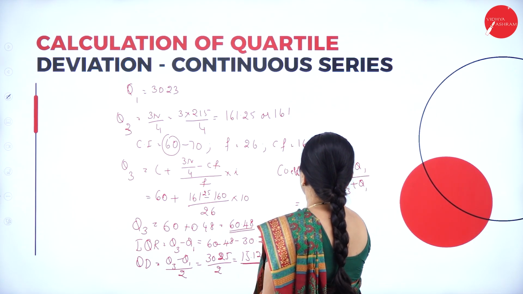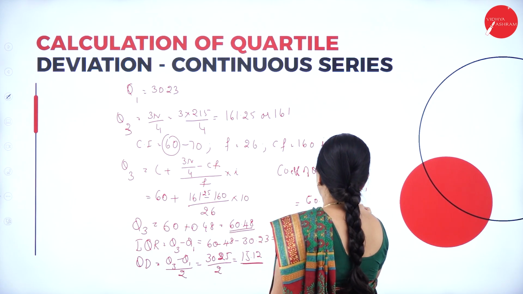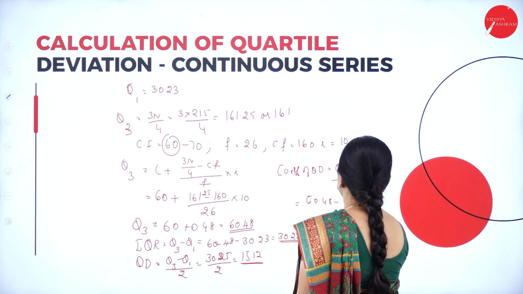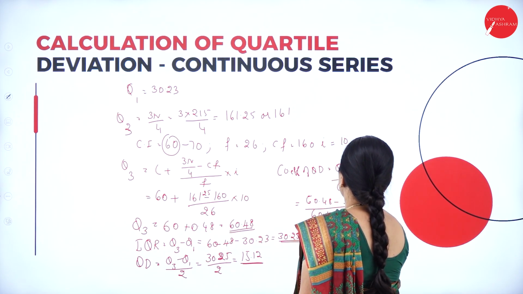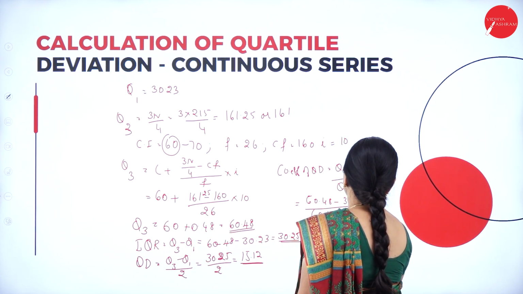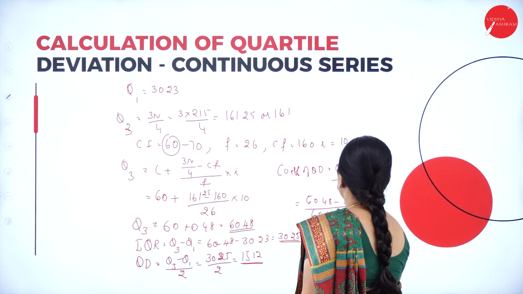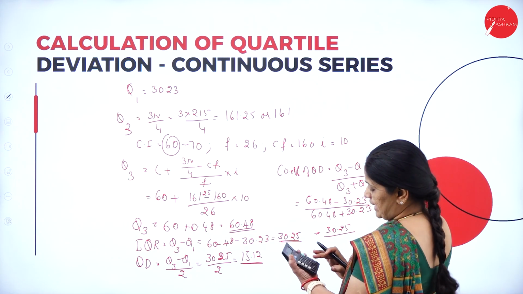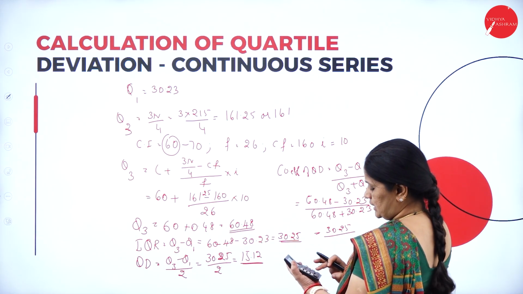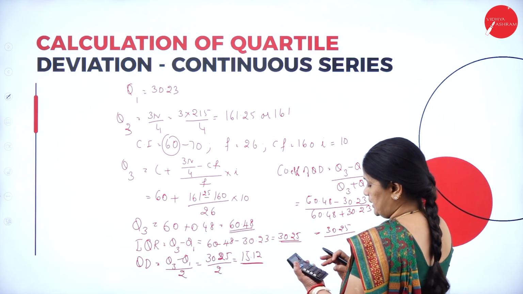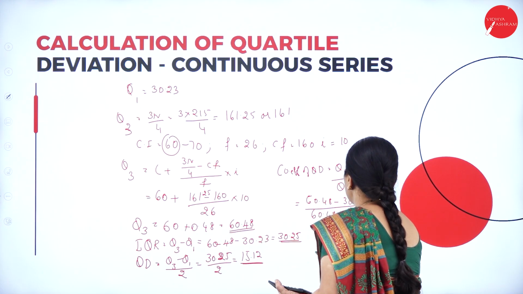So this will be equal to 60.48 minus 30.23 divided by 60.48 plus 30.23, which equals 30.25 divided by 90.71.